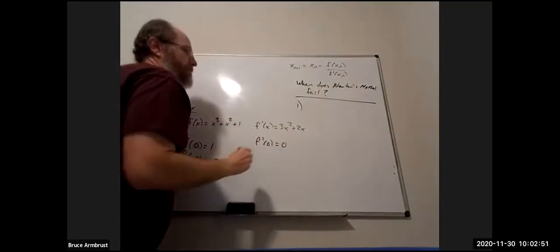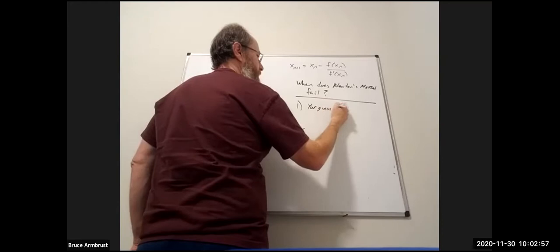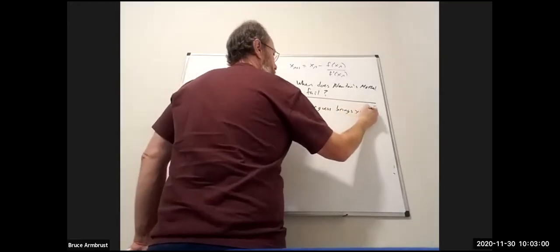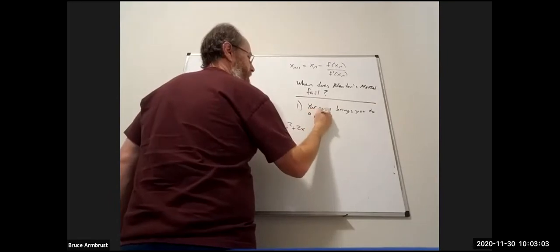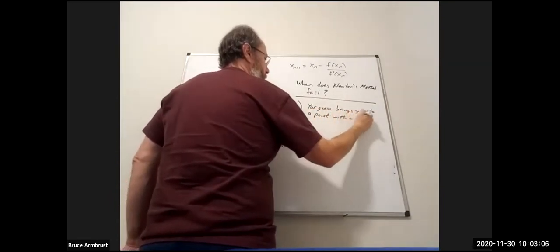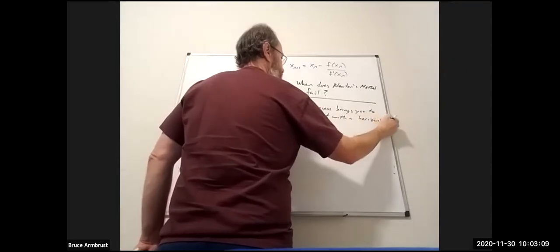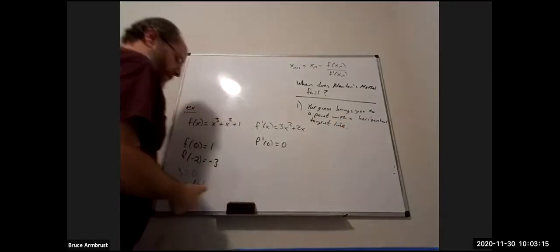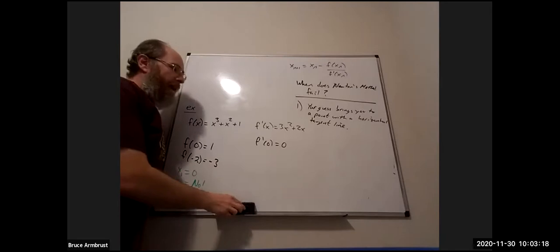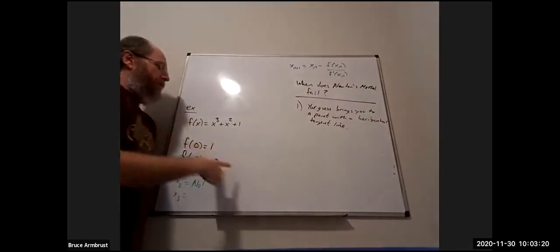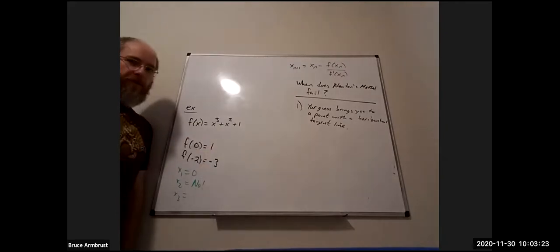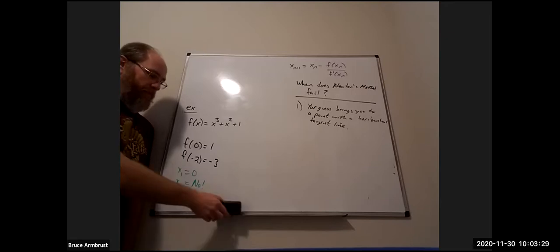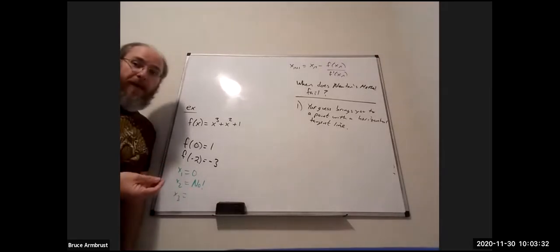Okay, so here's the first place: your guess brings you to a point with a horizontal tangent line. So if that happens, Newton's method is going to fail. And that's what occurred here. X equals 0, that initial guess, gives a horizontal tangent line. All right, so we've got to watch out for that.